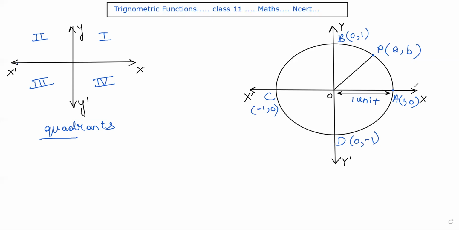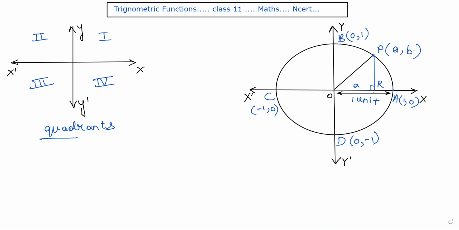Now, from here, let's draw a line from this P perpendicular to the x-axis. Let's call this point R. By observation, can you say that OR is a? For this point P, a, b means x coordinate and y coordinate.